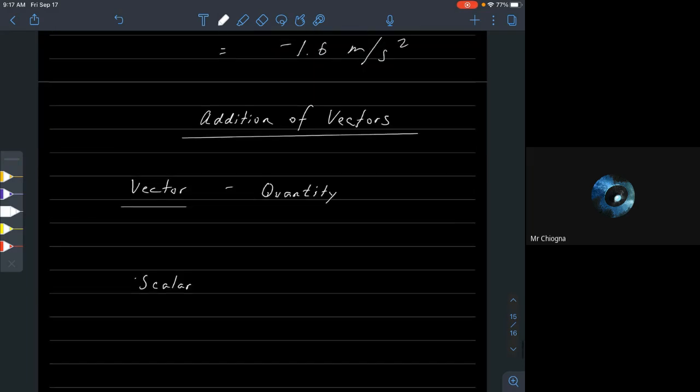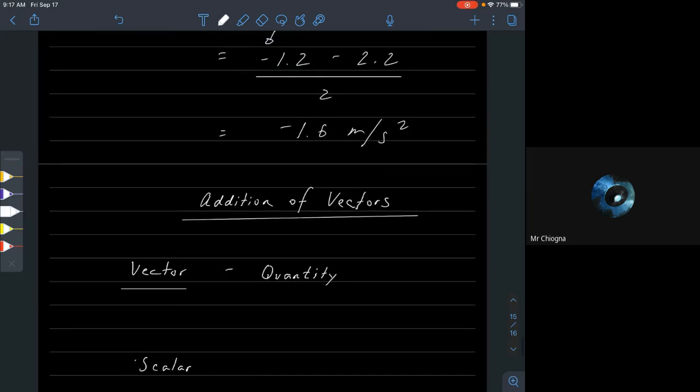That has both magnitude and direction. So examples of that.